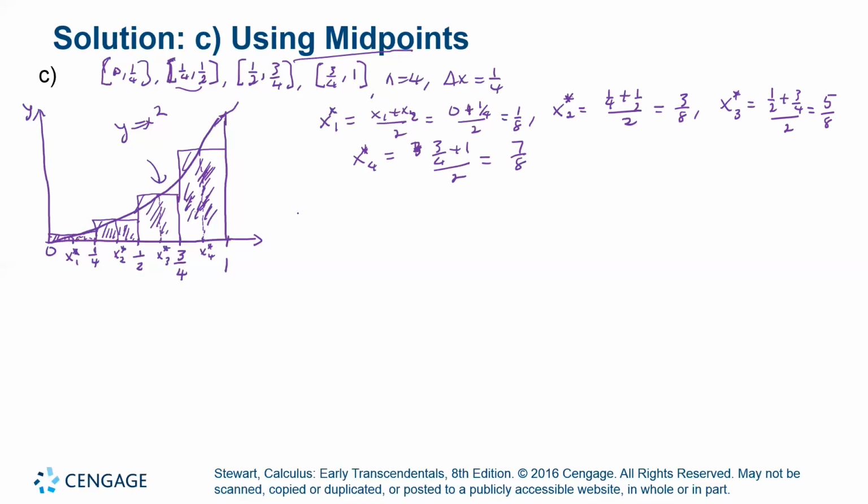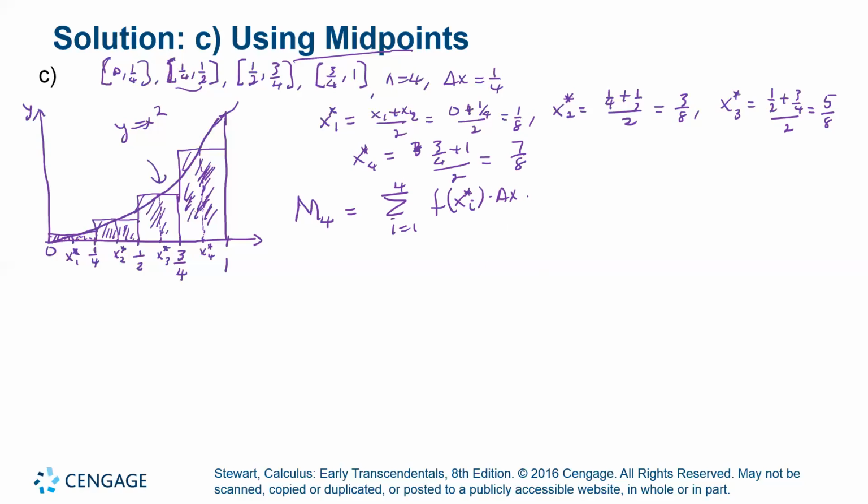Okay, so our M4, because the midpoint is in the part M4, is the sum from i equal to 1 to 4 of f of x star i times delta x. Delta x doesn't change, right?